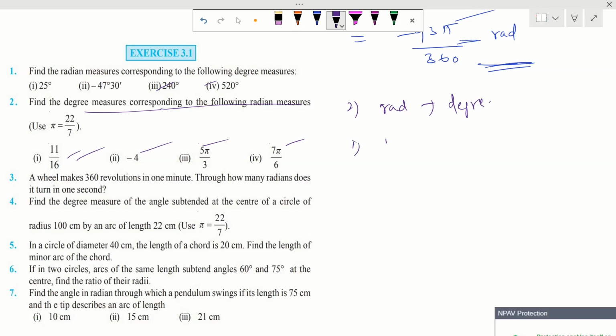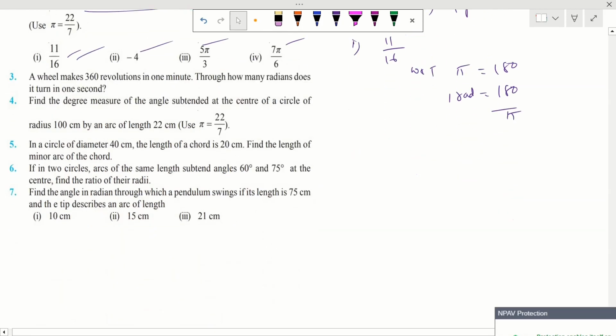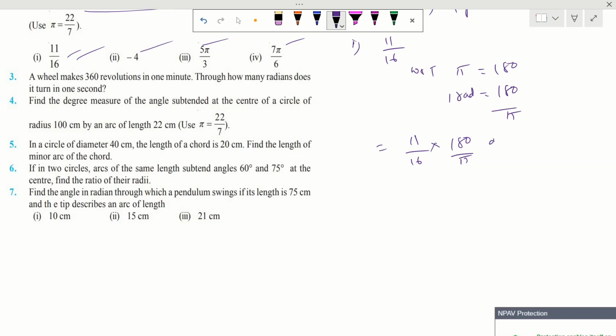The first one is given as 11 by 16. We know that pi radian is equal to 180 degree, so 1 radian is 180 by pi. So if we multiply 11 by 16 by 180 by pi, it becomes degree.